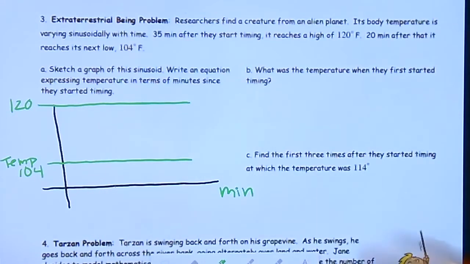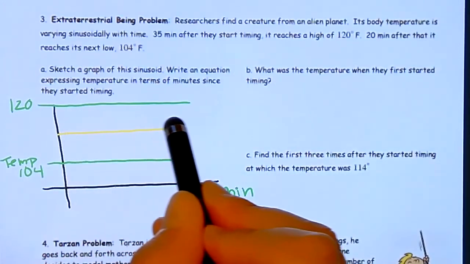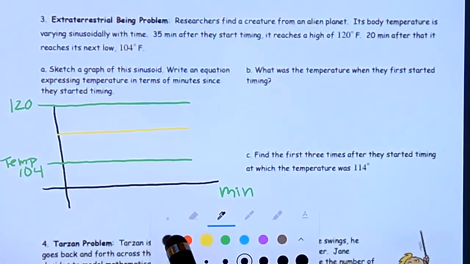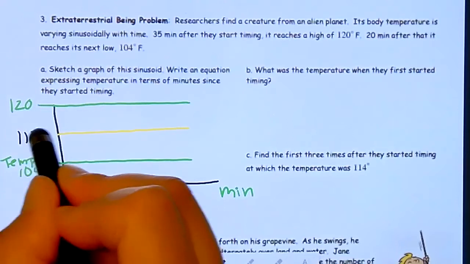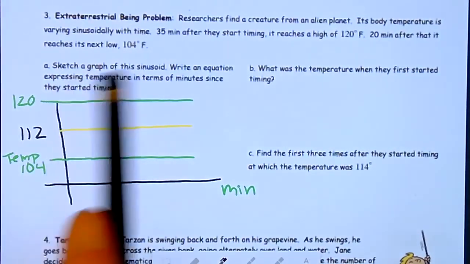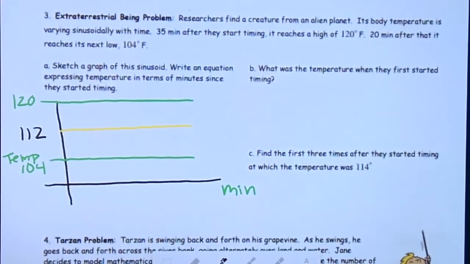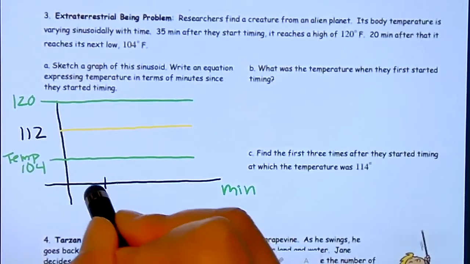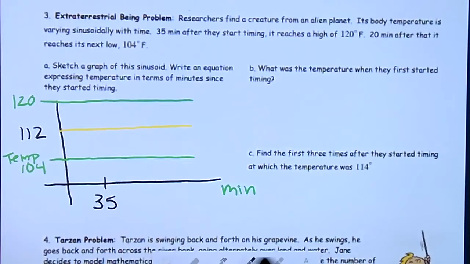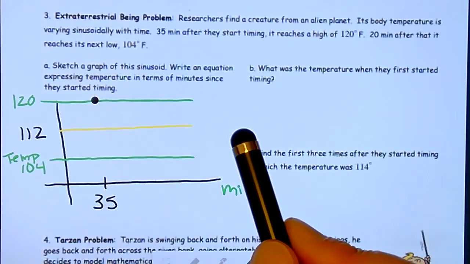Okay, that's going to be my center. And now I'm going to use these values. I know that at 35 minutes after they start timing, it reaches a high of 120. So I'm going to put 35 here, and I'm going to have a high of 120 degrees Fahrenheit.